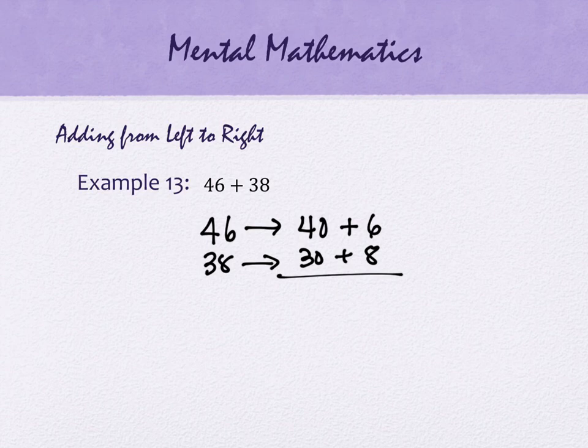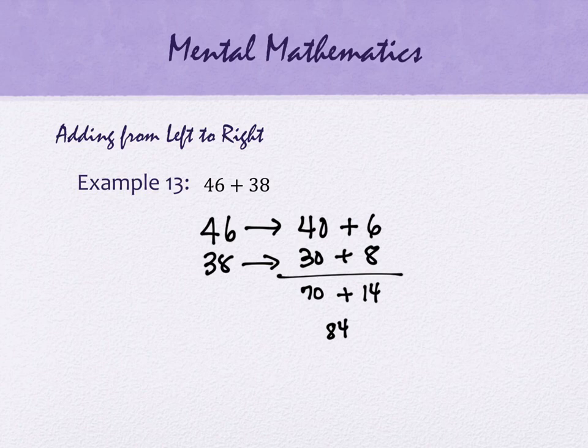So I have 40 plus 30, which is 70. And then 6 plus 8, which is 14. And then I end up with something where parts of it have some zeros. And that's what makes it easier to do in the last step, that there are some zeros involved. So adding 70 and 14 together means that I'm going to have 84. Okay, and it's easier to see because there's zeros.